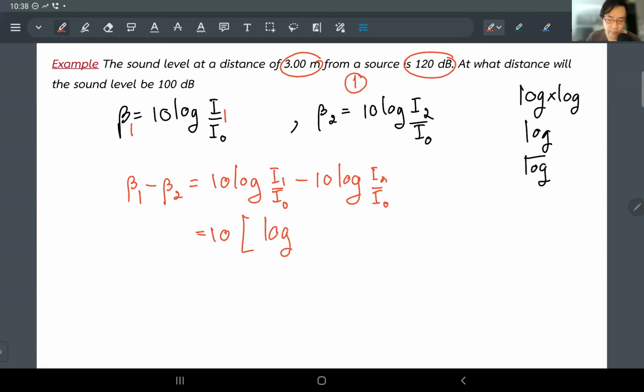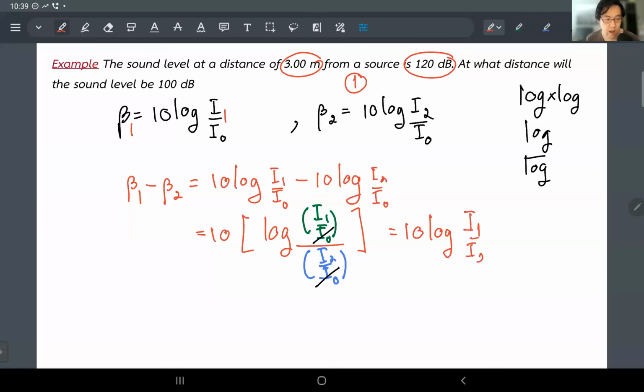You guys with me? So I get I1 over I0 from the first term, divided by I2 over I0 from the second term. Cool. And now you can see your I0 just gets canceled, those are just gone. What you're left with at the end is a log of the ratio. Nice. Isn't that cool?